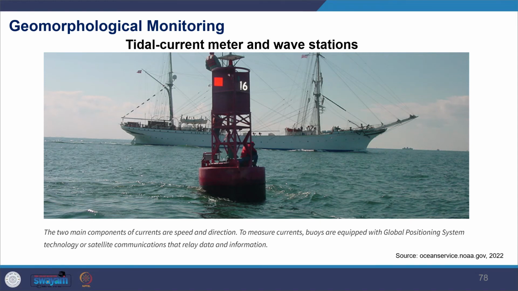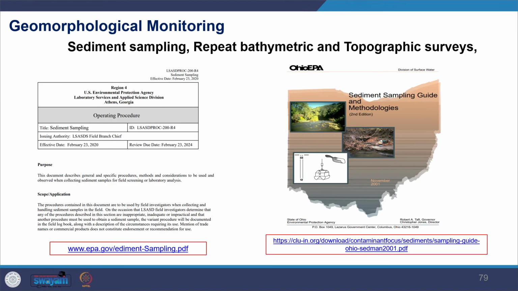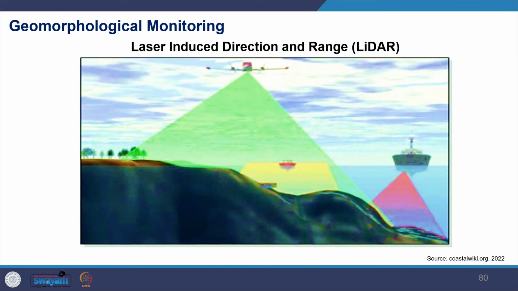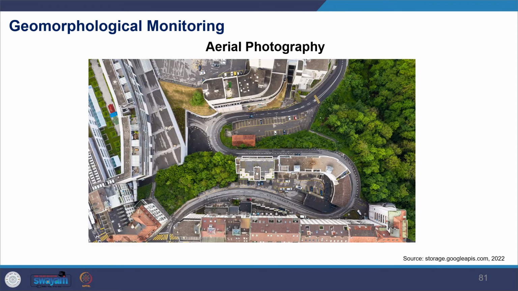I'm also giving you the link. Then you can see how sediment sampling can be done. These are the manuals and guidelines which are available. I'm not going to get into the details of it, and I have provided you the links. Then this is the snip I am showing of LiDAR, how it measures distances, and how you can use aerial photography.